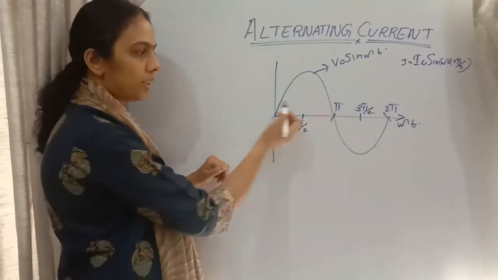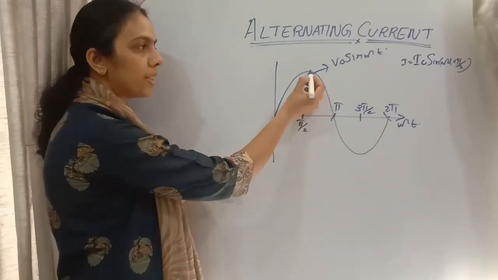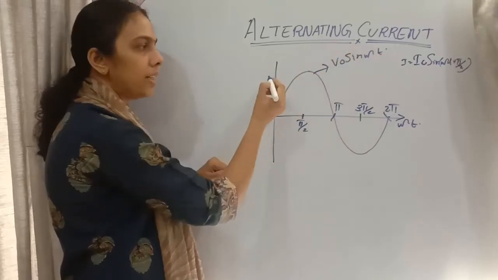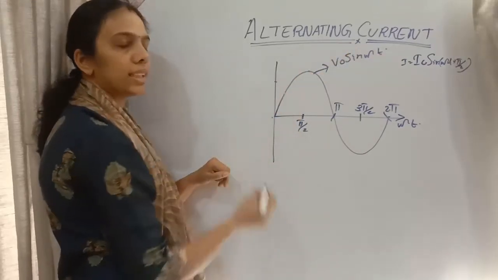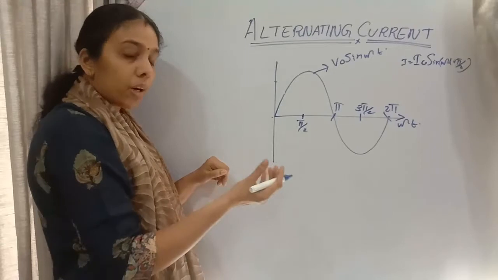So at pi by 2, if current is getting its maximum value, voltage will be reaching 0 itself. So current reaches its maximum one pi by 2 early.